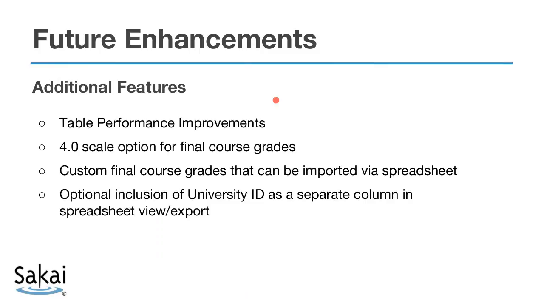So these include a new 4.0 scale option for final course grades, which will appear as an additional option next to the course grade. Custom final course grades can then be imported into the system via a spreadsheet, and the optional inclusion of students' university IDs as a separate column in the spreadsheet view or export. So we think these are going to be some really nice additions as well.